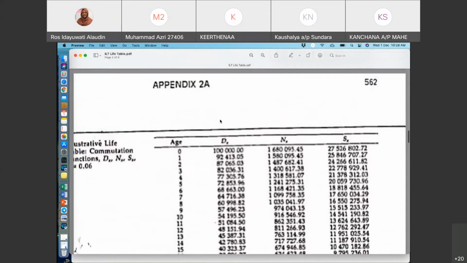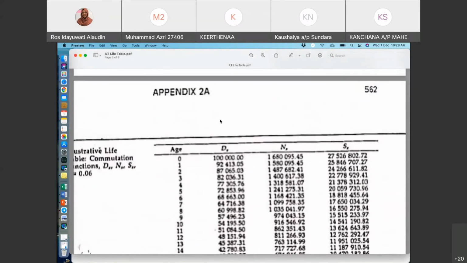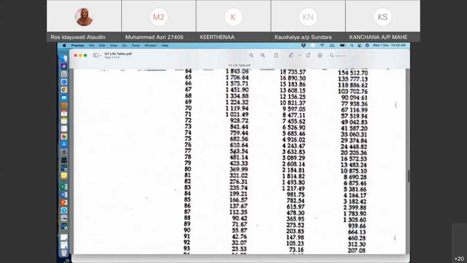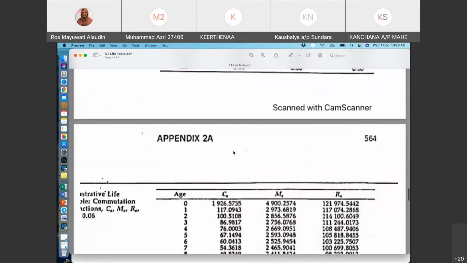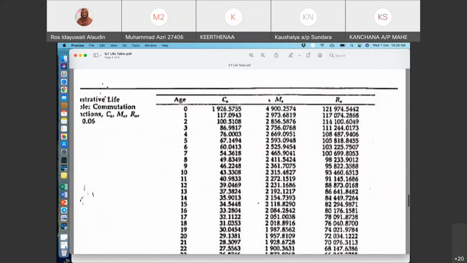So now we need MX and DX. So DX and also MX. Okay, here is for MX.